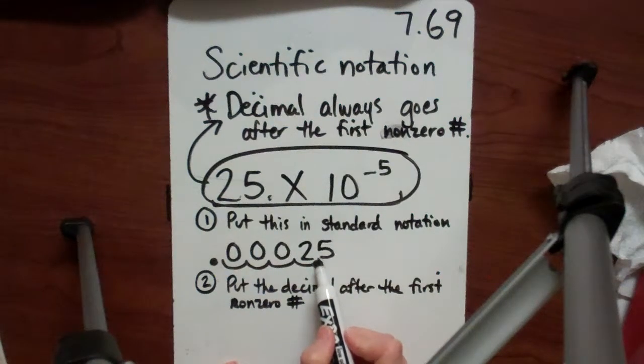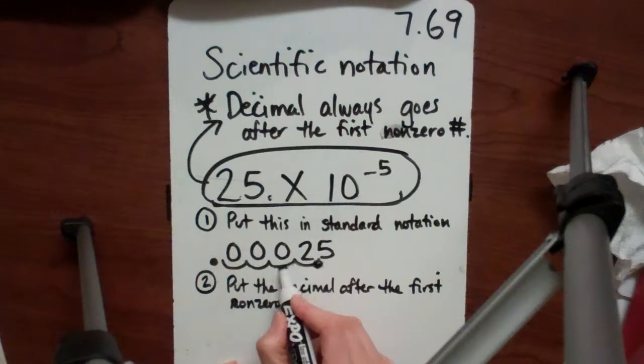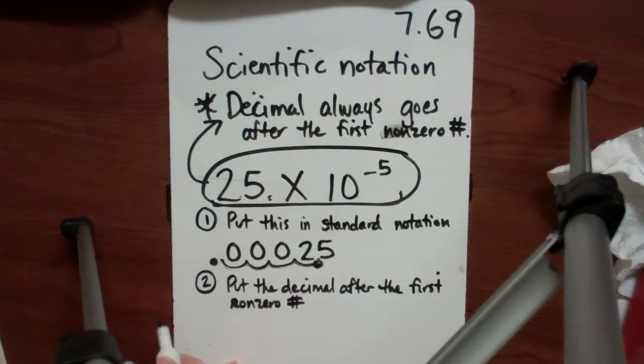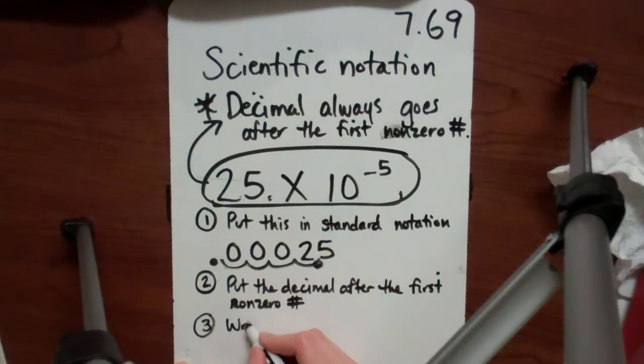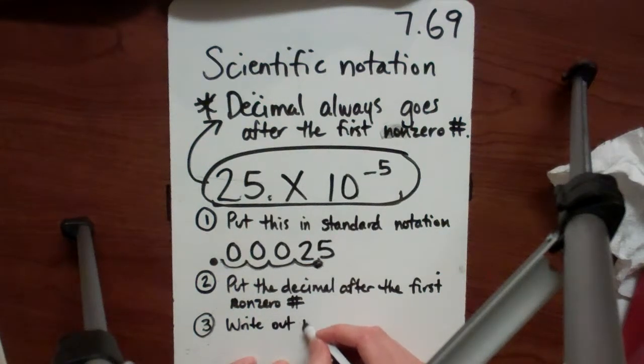So now, how many places to the left are after this decimal? 1, 2, 3, 4. So then, step 3 is to write out the new scientific notation.